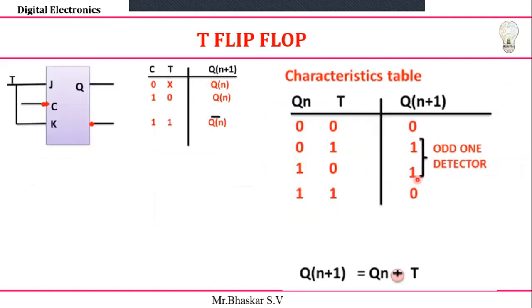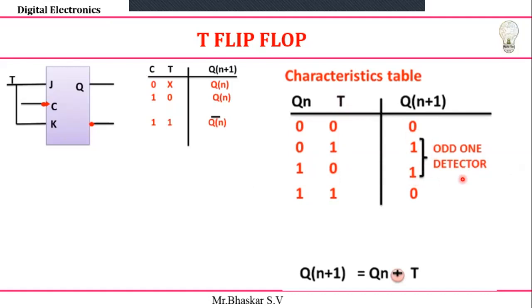Next, the characteristics table. You can see 0, 1 is there. Suppose T is 1, then Qn value is 0 and the next value is 1. Suppose Qn value is 1 and T value is 0, no change. This will carry as it is.